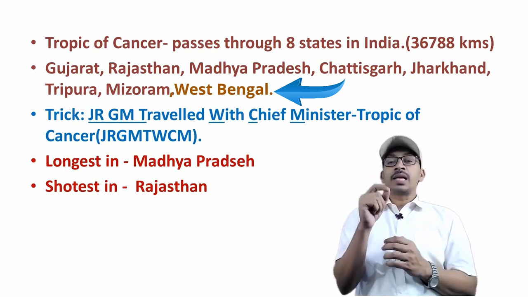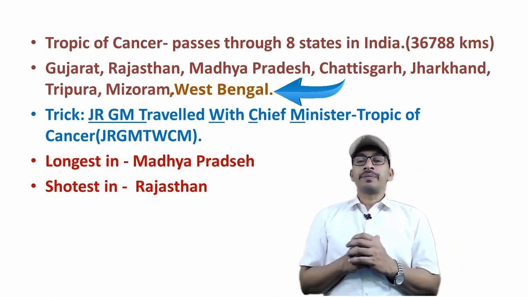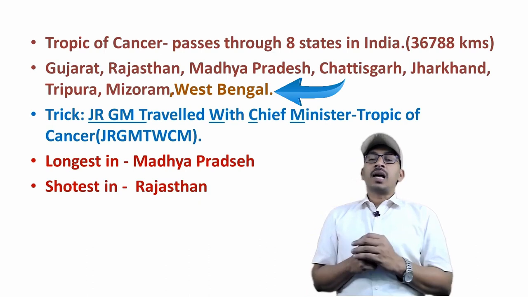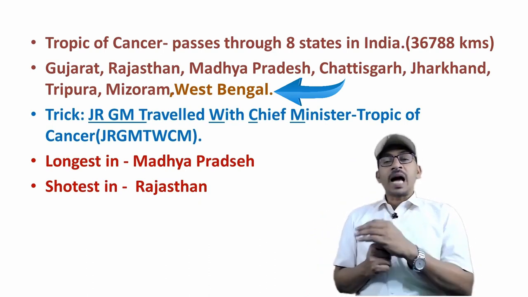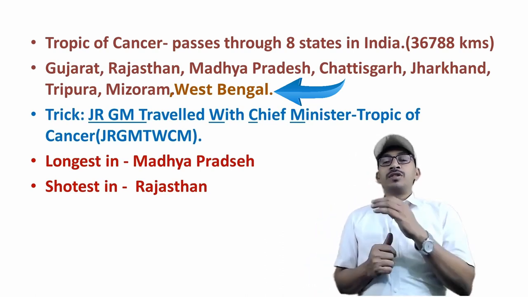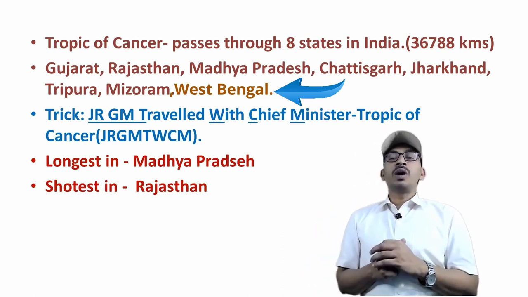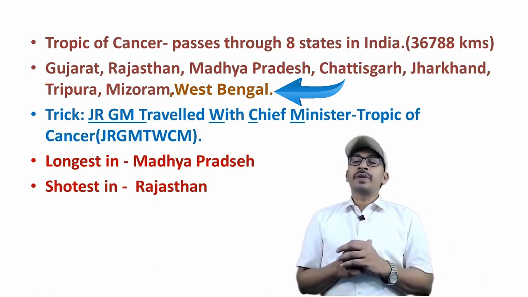Very less area of Rajasthan is located on the Tropic of Cancer. Gujarat, Rajasthan, Madhya Pradesh, Chhattisgarh, Jharkhand, West Bengal, Tripura, and Mizoram. These 8 states are located on the Tropic of Cancer.